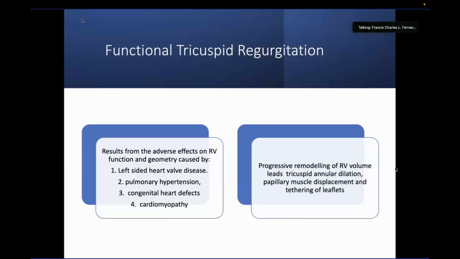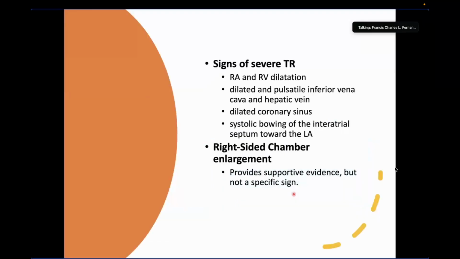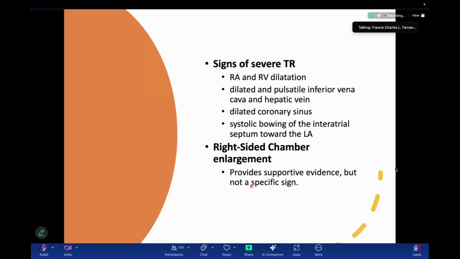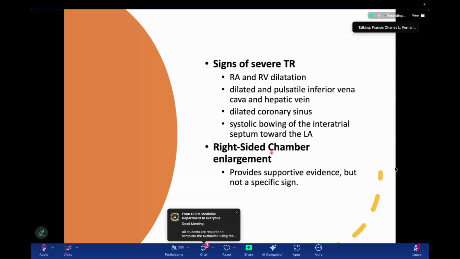So the point is progressive remodeling of the right ventricle. And then the volume leads to dilatation of the tricuspid annulus, and you have papillary muscle displacement and tethering. So these are signs of severe TR via the echo. However, you see these patients with edema, and you have elevated jugular venous pressure.